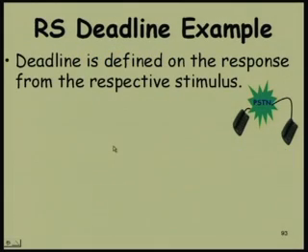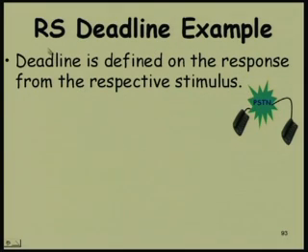Similarly, we can have a deadline constraint for a response event with respect to a stimulus event. Okay, I think we have a difficulty here. If it is an RS deadline example, it should be a stimulus event defined with respect to a response event, but what we have written here is actually defined on the response event from the stimulus.